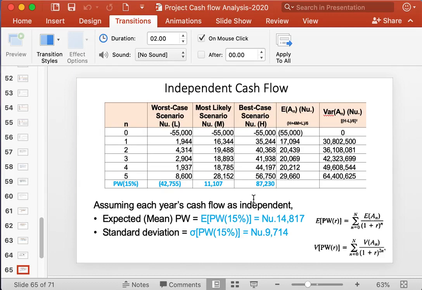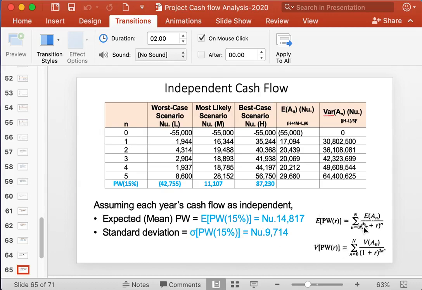Okay, so we can also find out the variance of this expected cash flow using this formula, where VAN is the variance of period n divided by 1 plus r whole raised to 2n, and n is nothing but the period.